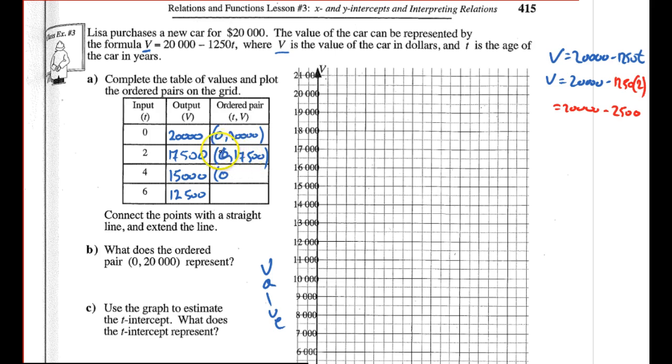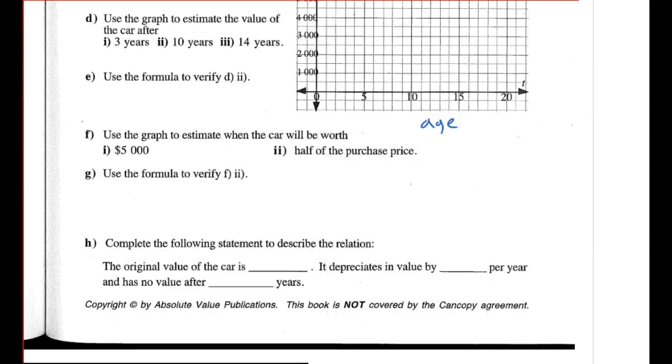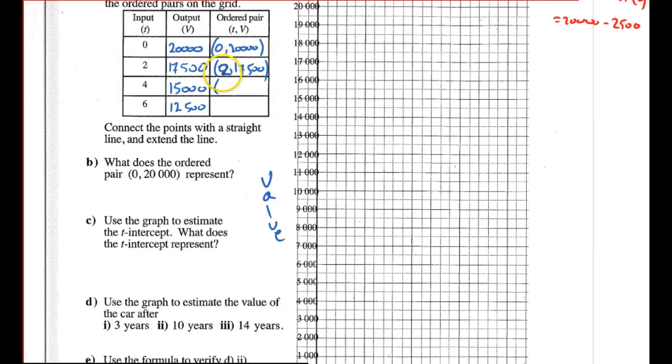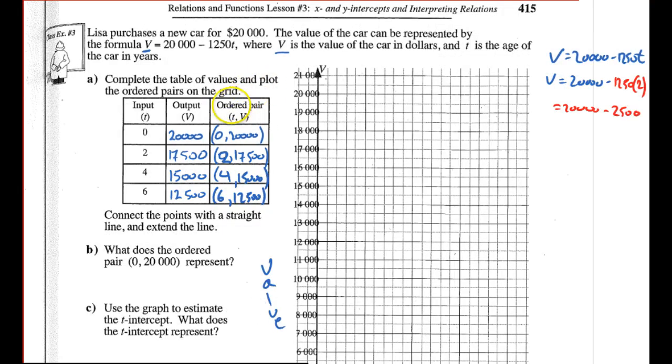Sorry, this should be a 2 over here. This should be a 4. That's a 4, 15,000. And then 6 and 12,500. Okay, now the question says complete the table of values and plot the ordered pairs.